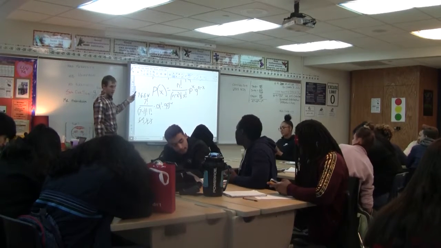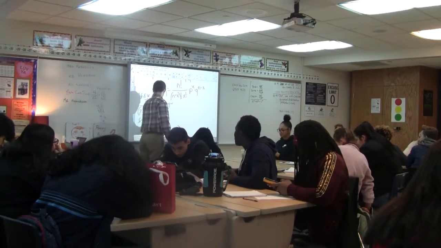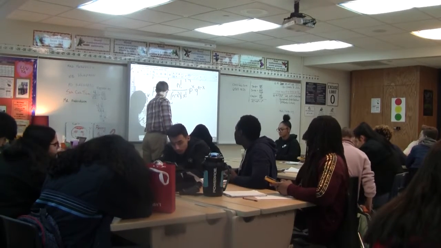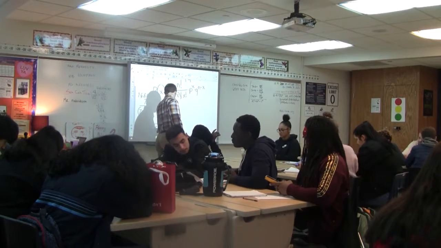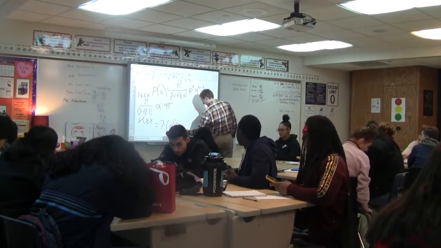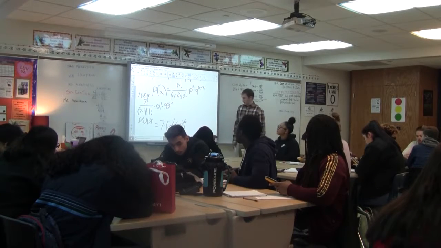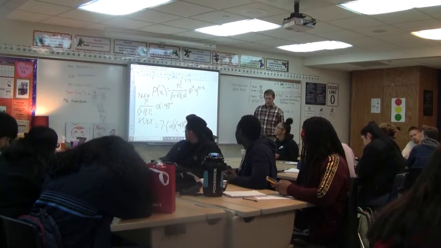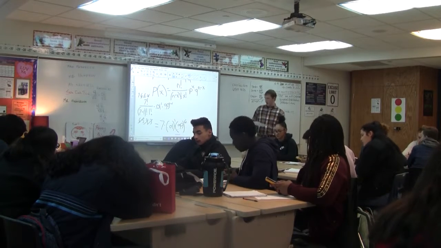Everybody see that? That's how this works. So we have a 7 times 0.01 to the first times 0.99 to the 6. All right, so why don't we plug that into our calculators? Let's see what we get. I think we can just go from that step right there.